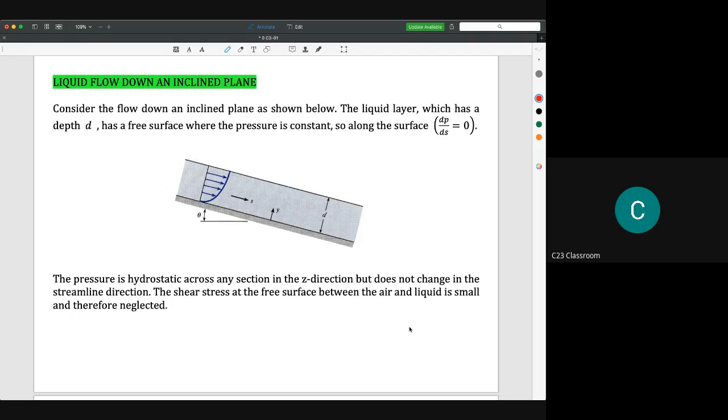Okay, so we will see a discussion about the second condition, which is the fluid flow down an inclined plane. The big difference between this situation and the previous situation is that in this situation there is only one plane here.